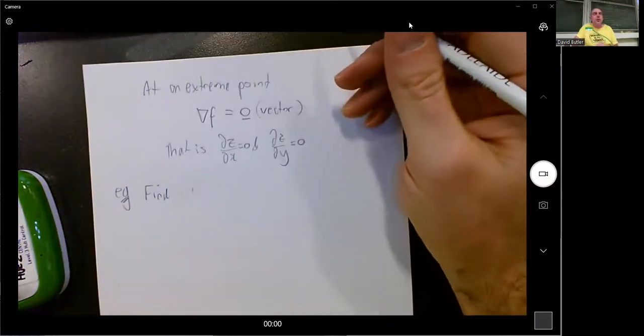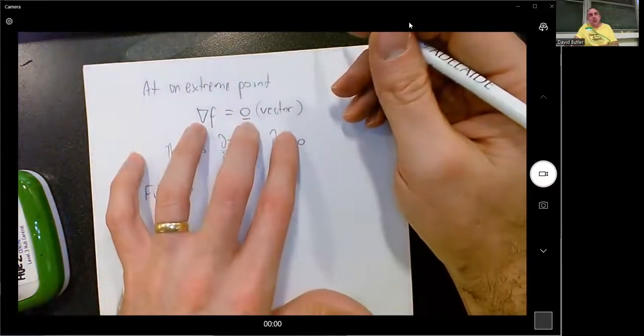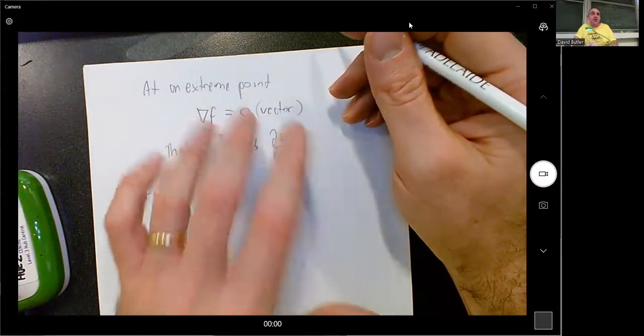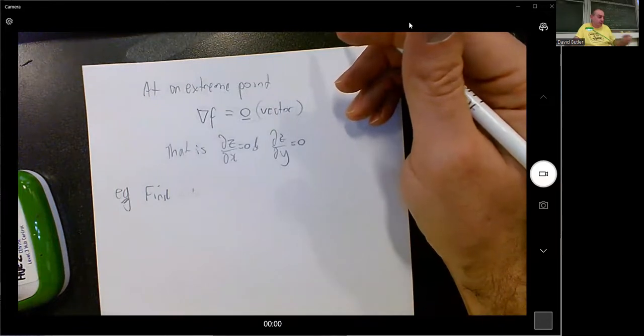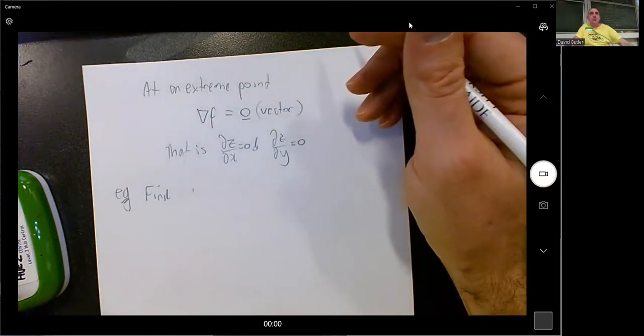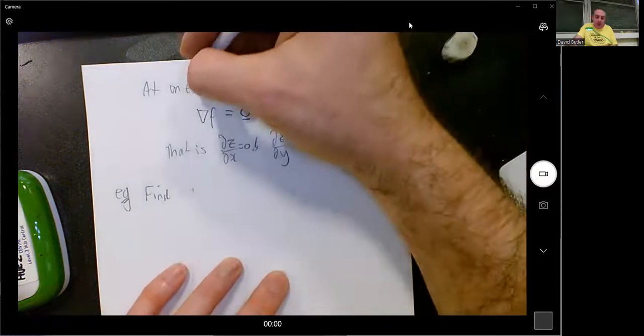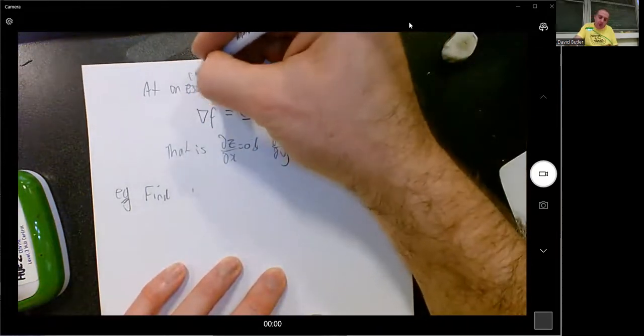But what we actually call it, this happens at an extreme point, but if that happens, it doesn't have to be an extreme point. Because the saddle points, that happens as well, but they're not extreme. And so we actually call them critical points.